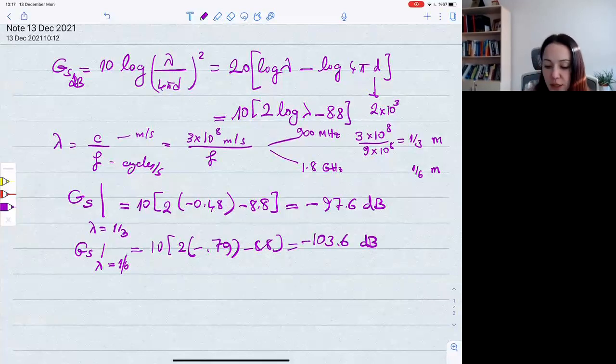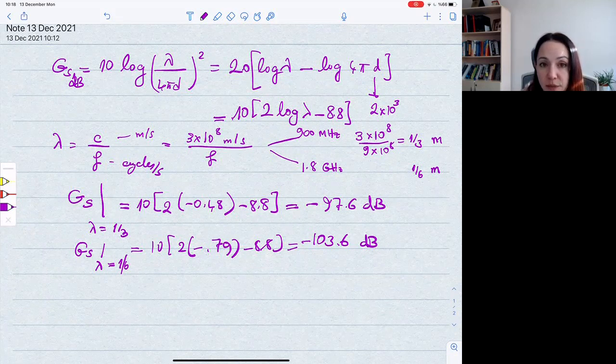Okay, 6 dB larger path loss. Is that a coincidence? No, because the multiplicative factor between the two is 4. When we up the frequency from 900 megahertz to 1.8 gigahertz, the frequency is multiplied by 2, the wavelength is divided by 2.